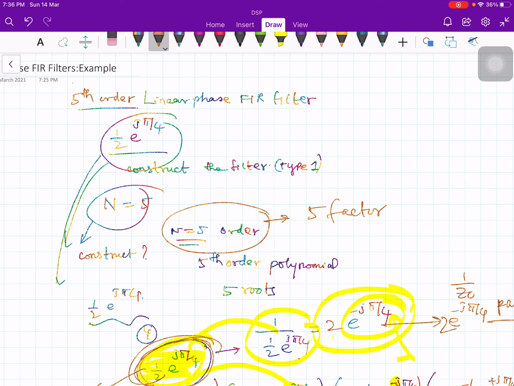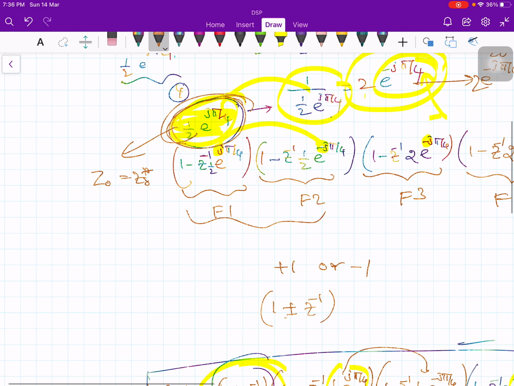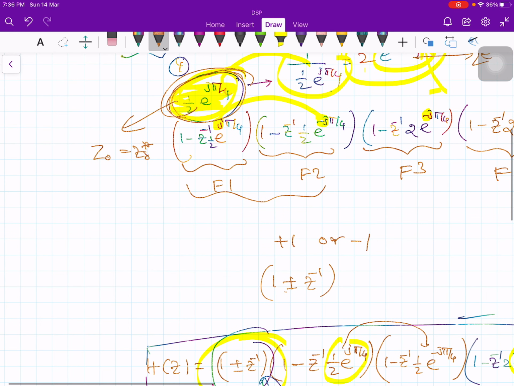From the partial information we need to construct the whole, using the properties and how the zeros occur. Given only this much information, you can construct the whole, because of the property of linear phase functions.